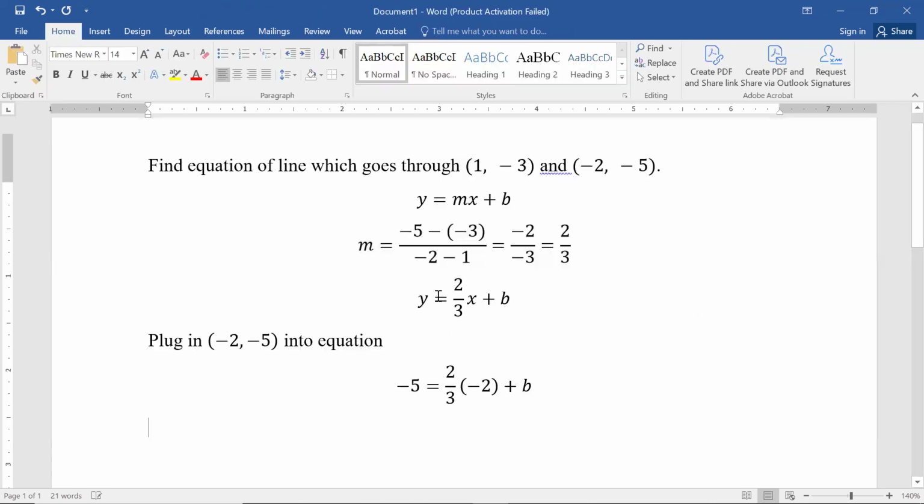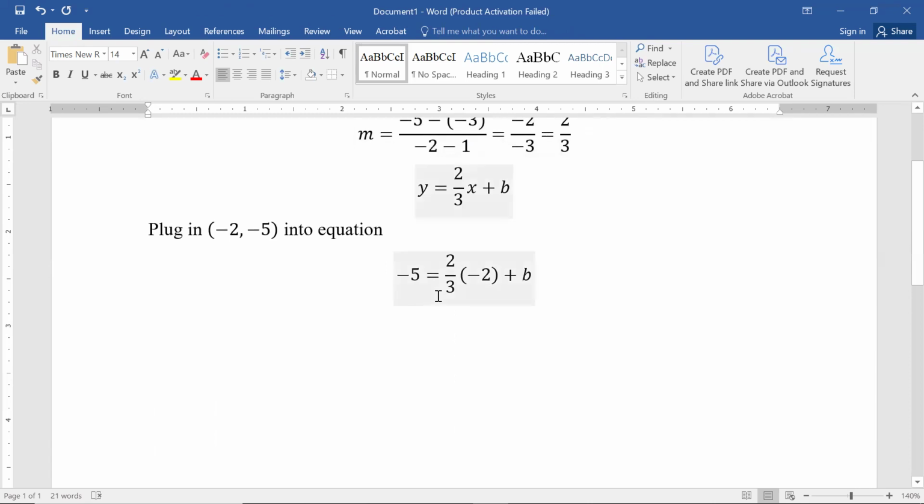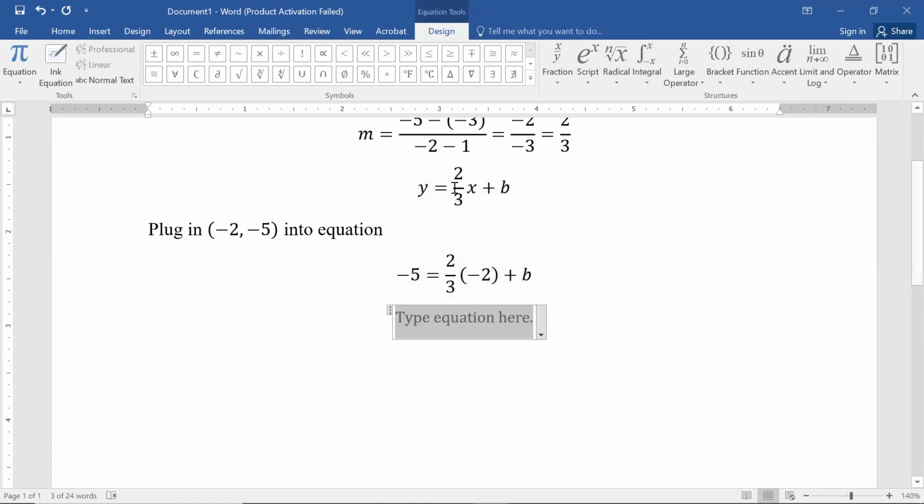So far, we've dealt with a lot of whole numbers. In this case, obviously, we're not getting a whole number on that right-hand side. I get -4/3 as an improper fraction. Now, I'm going to take -5 and add 4/3 to it.